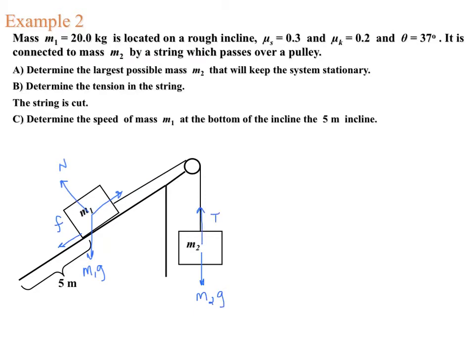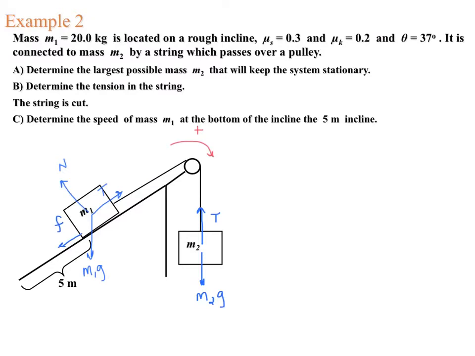Again, I know that friction is going down the ramp because if there were no friction, then my object would automatically accelerate in that direction if I'm increasing the mass of M2. So I'm going to guess that my acceleration is going to be positive in this direction. Again, in this particular system, it really doesn't matter because our equations are all going to be stationary.